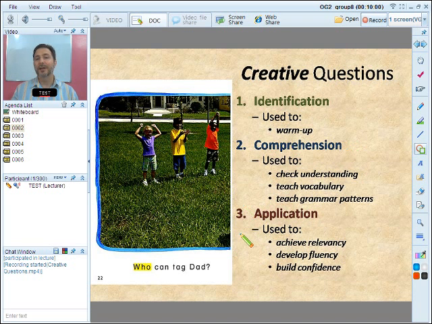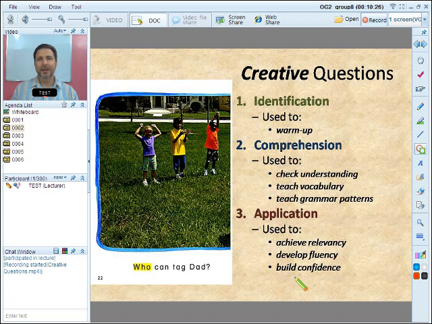Then that final level of creative questions in your lessons, you can use what is called the application questions, to achieve relevancy. In other words, what's in it for me, the student. You can help the student develop fluency, in other words, thinking and speaking skills, and building confidence.